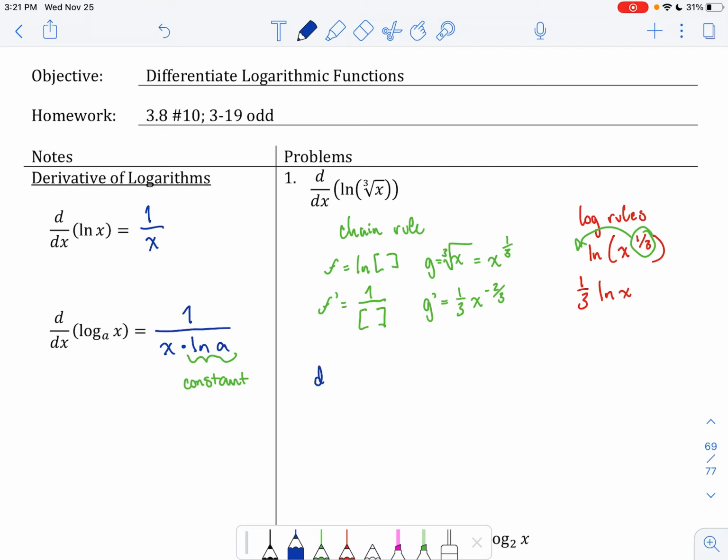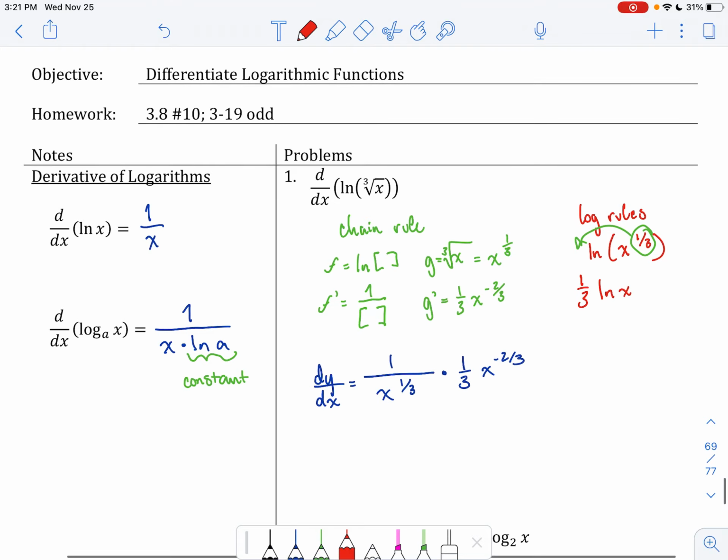Then the derivative, dy/dx, is going to equal 1 over x to the 1/3 times 1/3 x to the negative 2/3, because we take this, plug in g, and multiply by g prime.